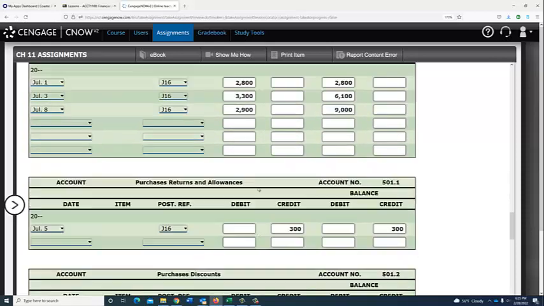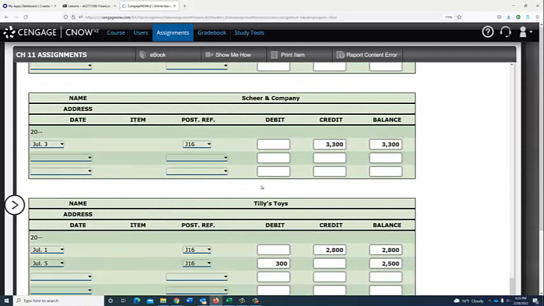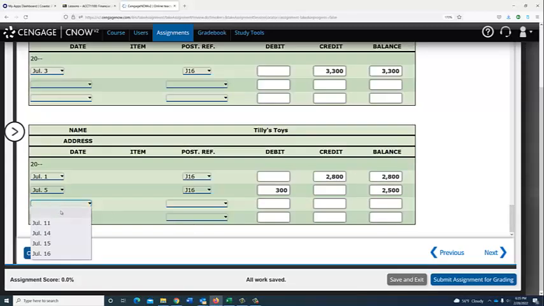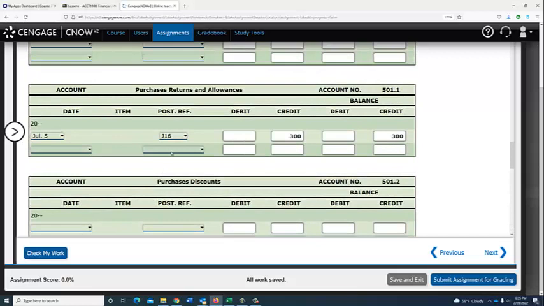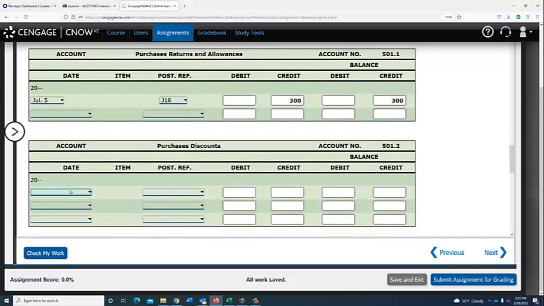And now let's go down to Tilly's ledger. Okay, on the 11th, we are going to debit again for $2,500, and then that will leave a zero balance in Tilly's account. Okay, and we still need to enter the purchase discount of $50. And that was credited $50.